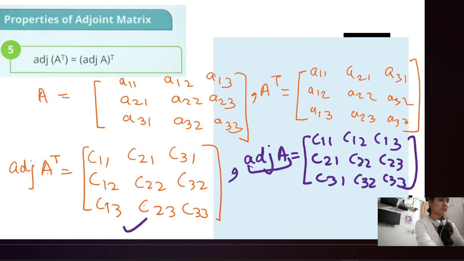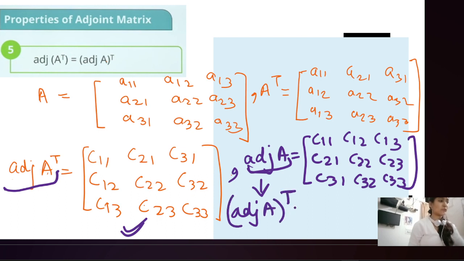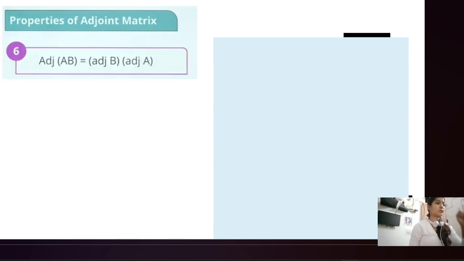You can see C11, C12, C13: this row will come in the place of this column. Hence we can say this is equals to this one. Okay. Let's move to the next property.